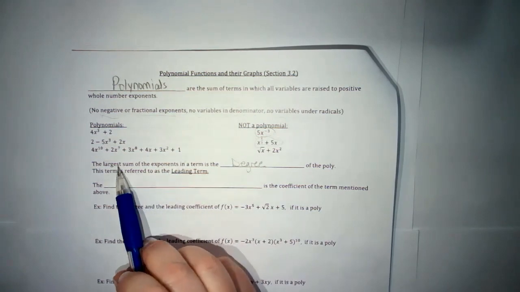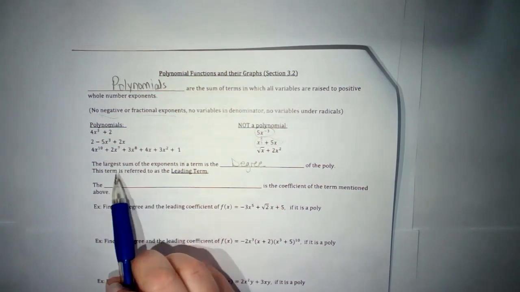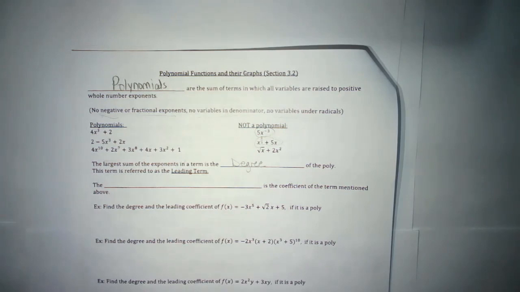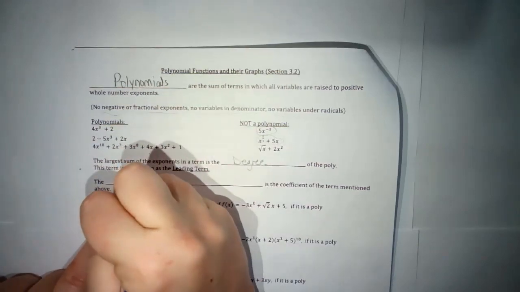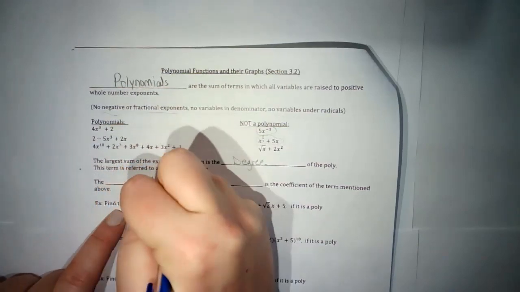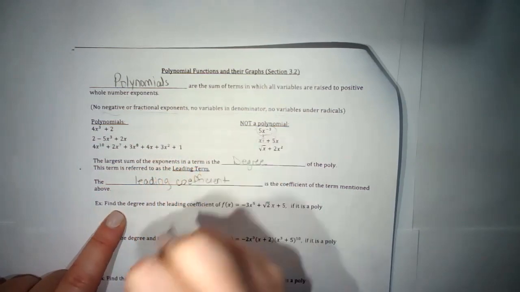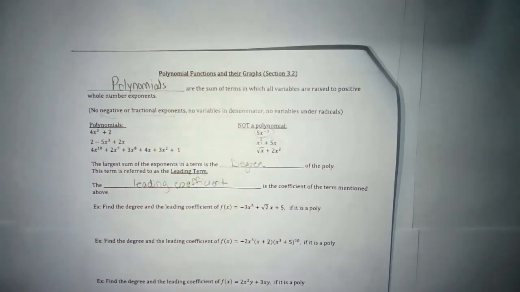The term that has the largest sum of the exponents is called the leading term. Now, he's supposed to be in the front as the leader. Sometimes he's not. You have to rearrange him. Okay. The leading coefficient is just the number in front of this term, or the coefficient of the term mentioned there.